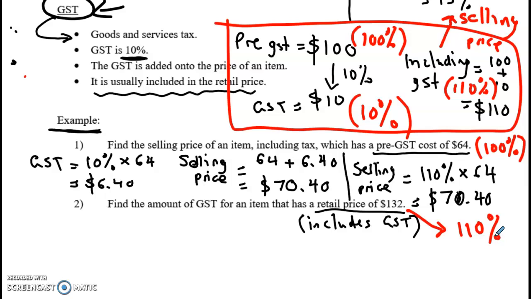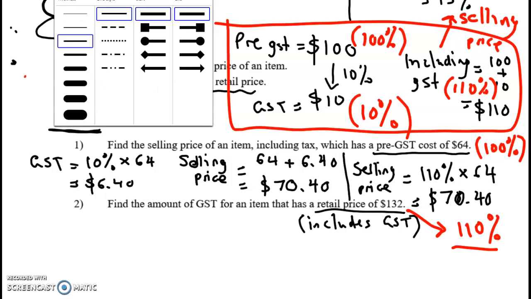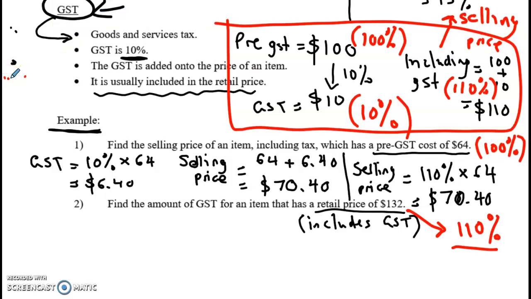Since that's 110%, we can use that knowledge to find out the amount of GST. So how much GST is normally in a product? Normally, GST is 10%. And so we need to get from 110% to 10%. So how do we do that? Well, 11 lots of 10 fit into that.